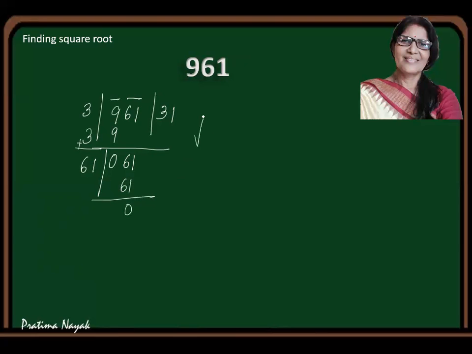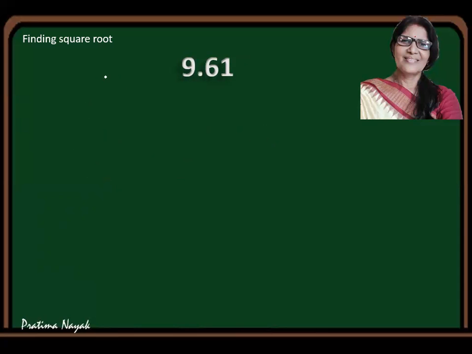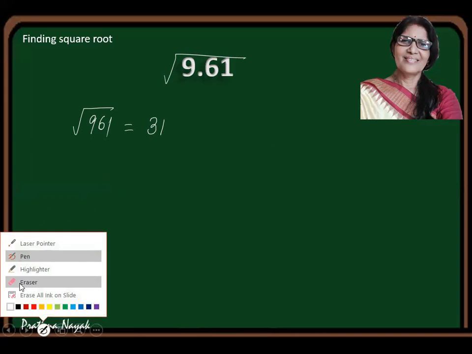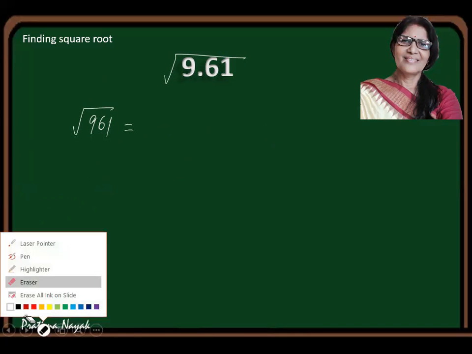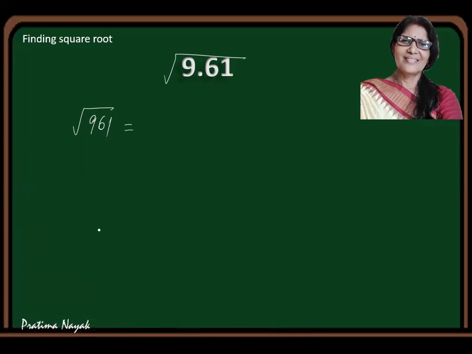So the square root of 961 is equal to 31. Yes, it was 31. Now if I write the square root of 9.61, it will be 3.1.